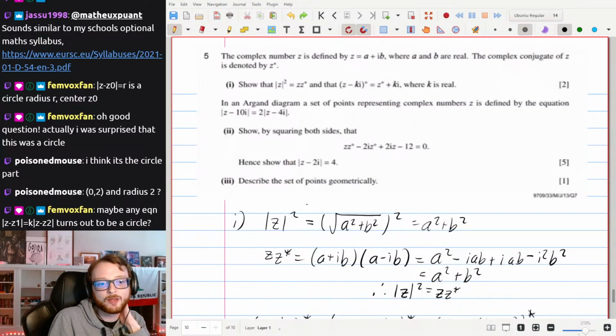What is this saying? The distance from z to 10i is equal to twice the distance from z to 4i. There should be some simple cases we can work out.